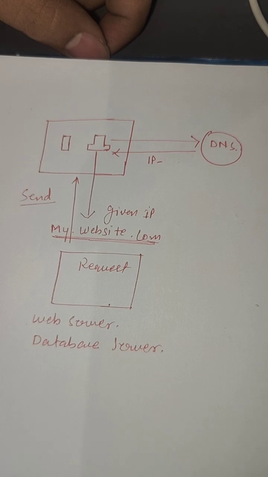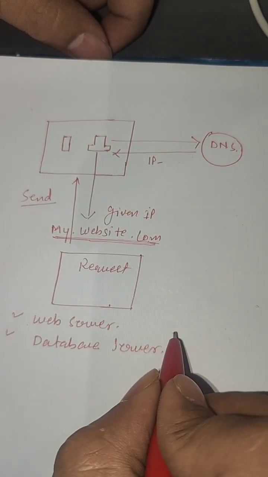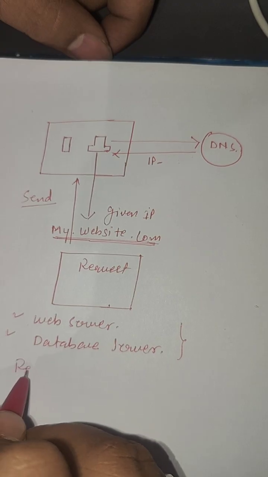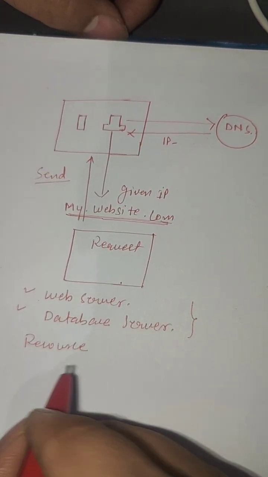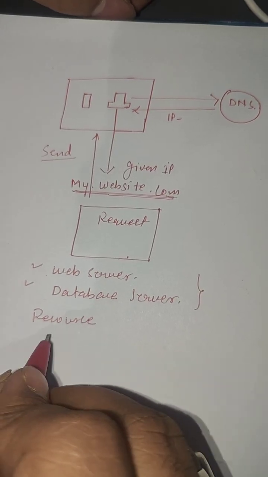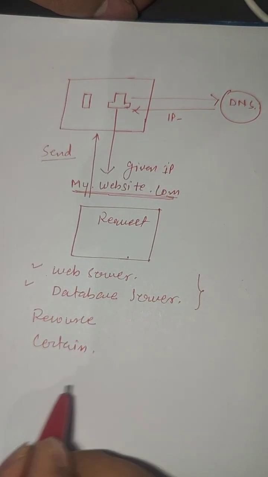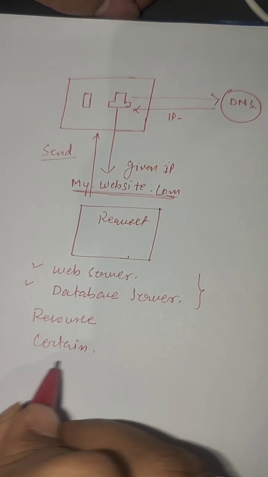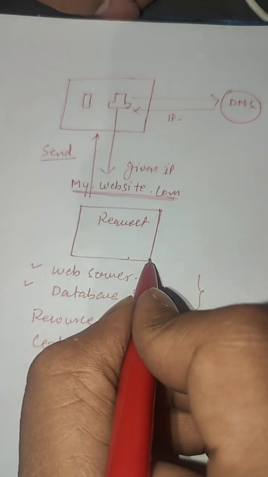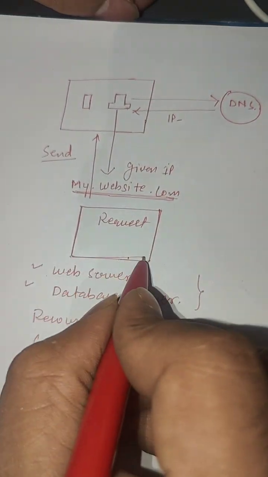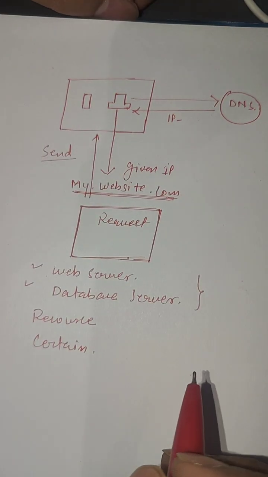So the first thing is that it will face a resource crunch and it cannot scale. It can scale up to a certain limit because a machine can have only up to a certain power. Like we can enhance the capability of this server up to a certain power.